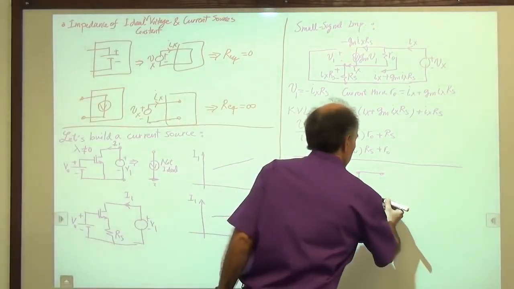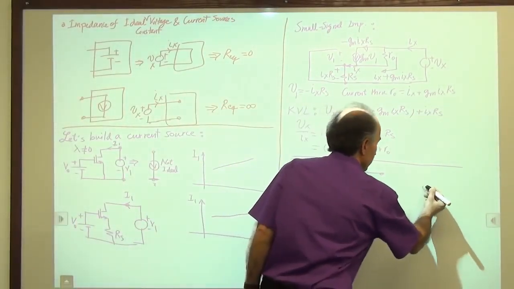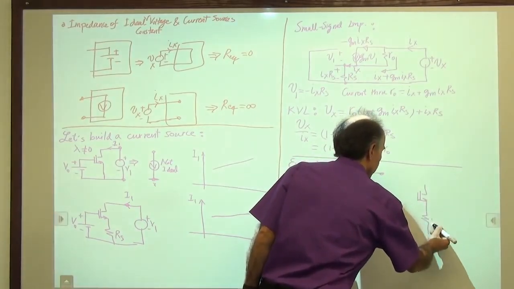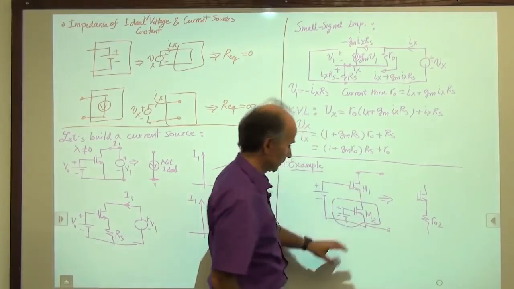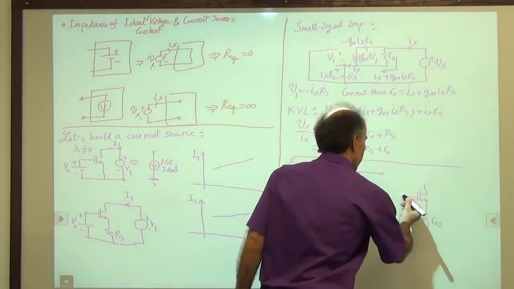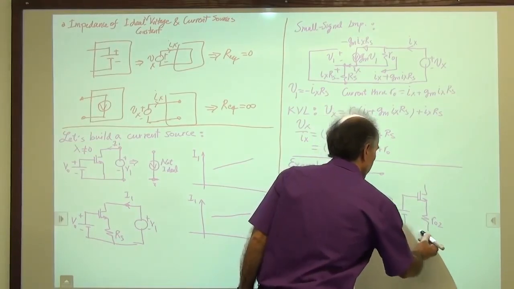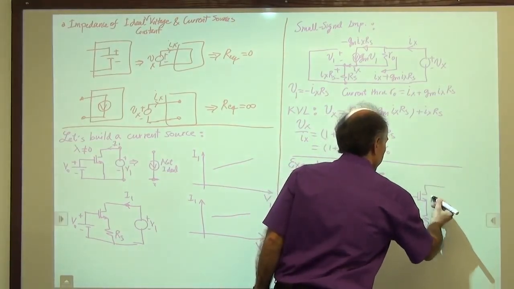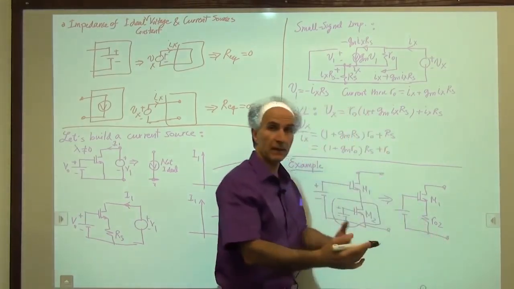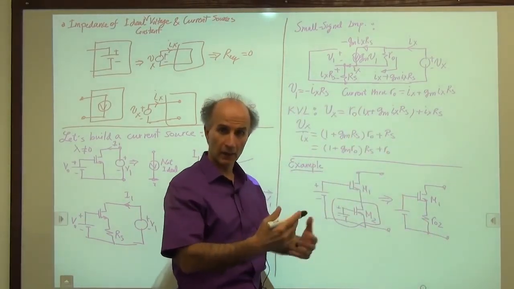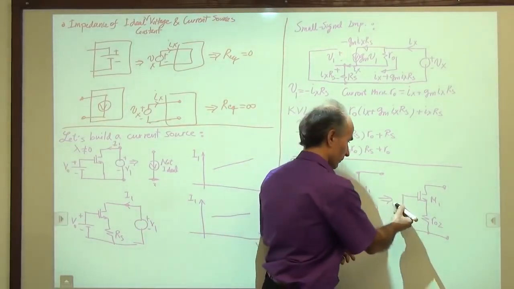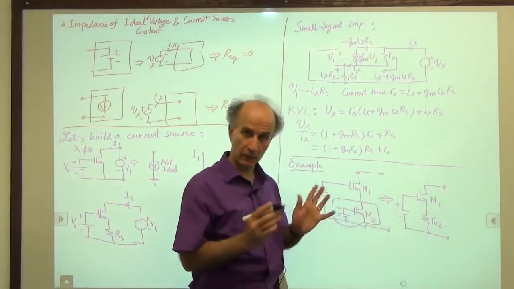So I can quickly draw the circuit like this. I can say this is RO2, representing this entire current source here. And then I still have the rest of the circuit, M1. Again, I'm mixing small signal and the schematics together, and bias conditions, all that. But don't worry about it, it's okay.